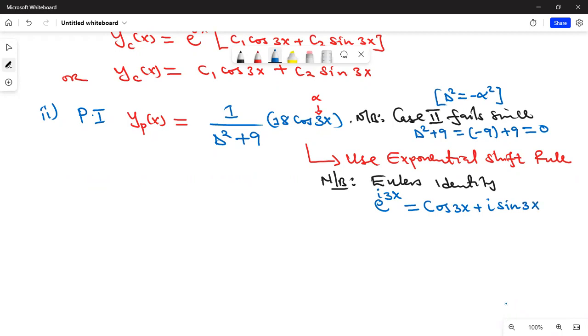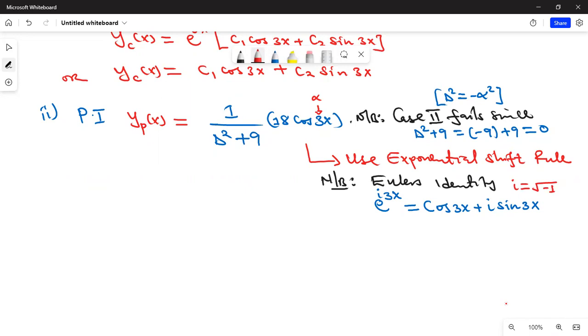That's what is called Euler's identity. If you replace 3x by theta, it will be exponential i theta is equal to cos theta plus i sine theta. i is the square root of -1. It's called the iota. It's a Greek symbol that is called iota.